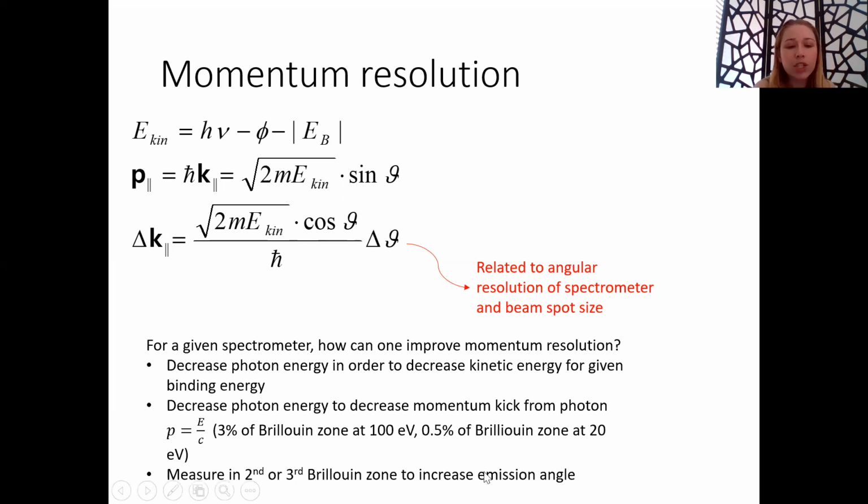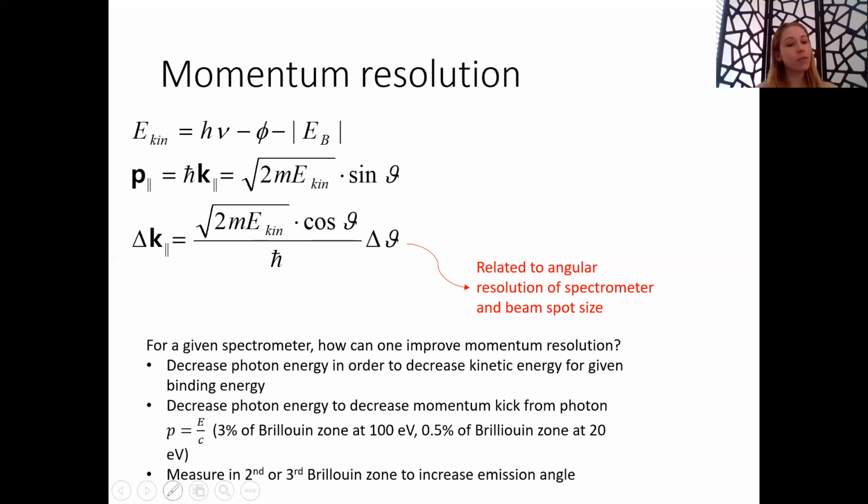I should also mention that another aspect of momentum resolution that doesn't directly relate to this formula is the fact that photons carry momentum. Photon momentum is equal to the photon energy divided by the speed of light, and basically light can provide a momentum kick to electrons, which essentially scrambles some of their momentum information.